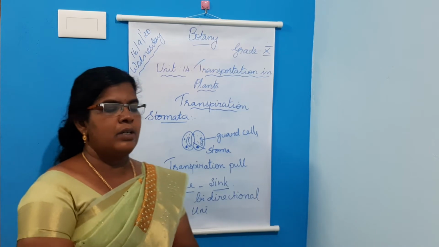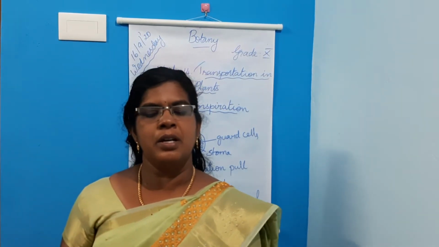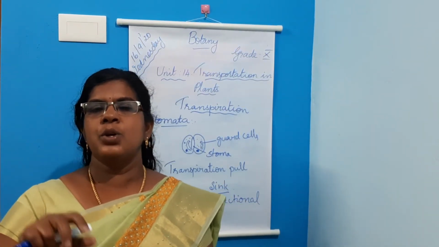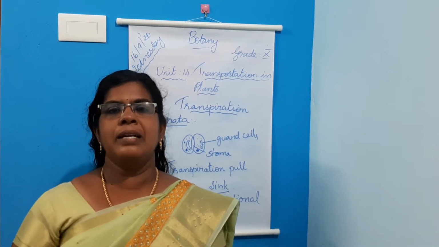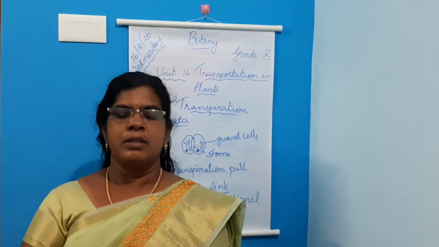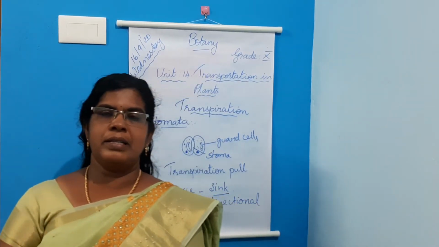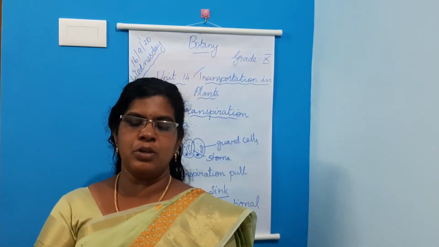Okay. So the phloem transfers food from a source to a sink. The source is the part of the plant that prepares the food, that is the leaf. The sink is the part that needs or stores food.